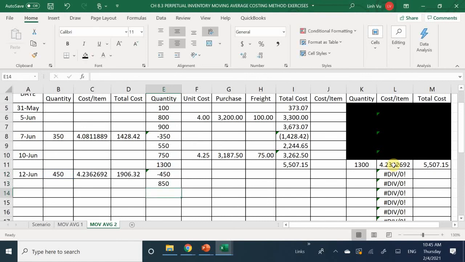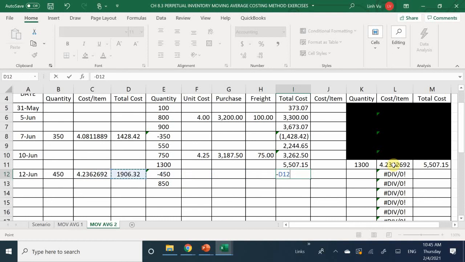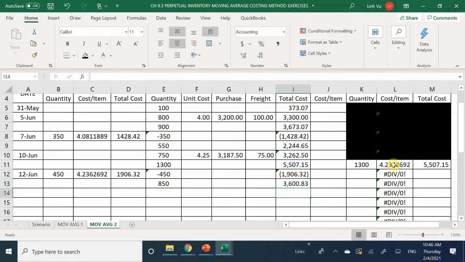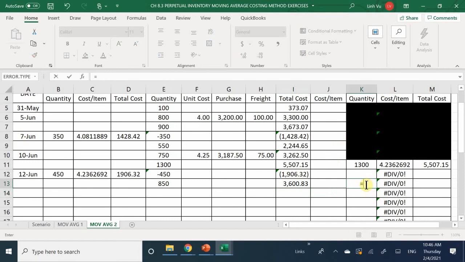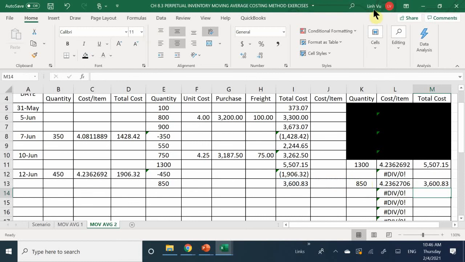Of course, we're going to take that and adjust our inventory right here. We're going to subtract that 1,906.32, and we're going to get our new grand total of 3,601.18. So what is going to be my new average cost per item? 4.23627. Good. So it has increased again by a ten-thousandth of a penny. Okay. And I'm going to block this part out.